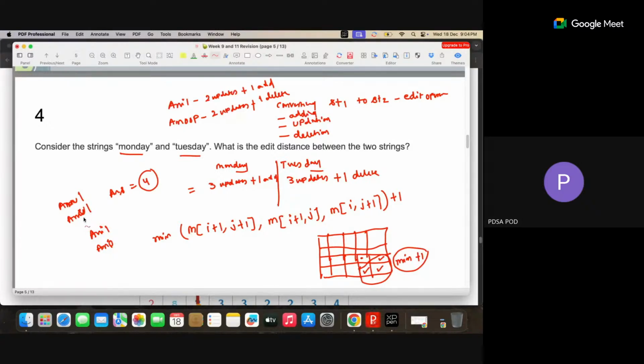In this case, A, M and N: only one replace operation I need to do. Both are the same, only one character is different. Just one replacement is enough. So we take the minimum plus the current edit operation required. Whenever equal characters are there, we don't do anything. We simply take the previous value and keep going.